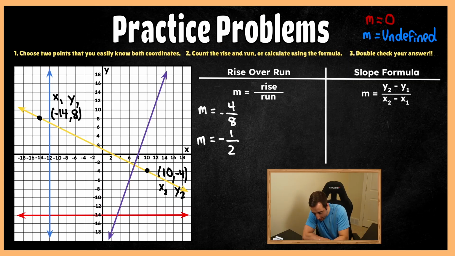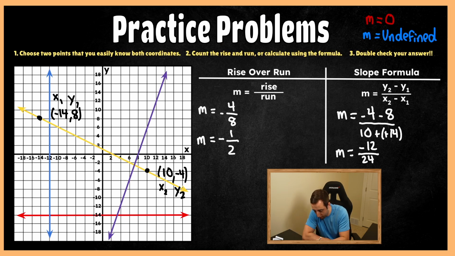So we get m equals y2, which was negative 4, minus y1, which was 8, over x2, which is 10, minus x1, which is negative 14. So m equals negative 4 minus 8 is negative 12 over 10 minus negative 14. That turns to addition, which is going to give us 24 in the denominator.